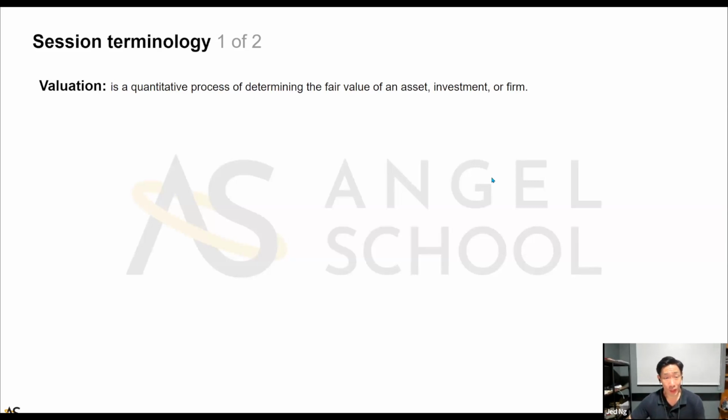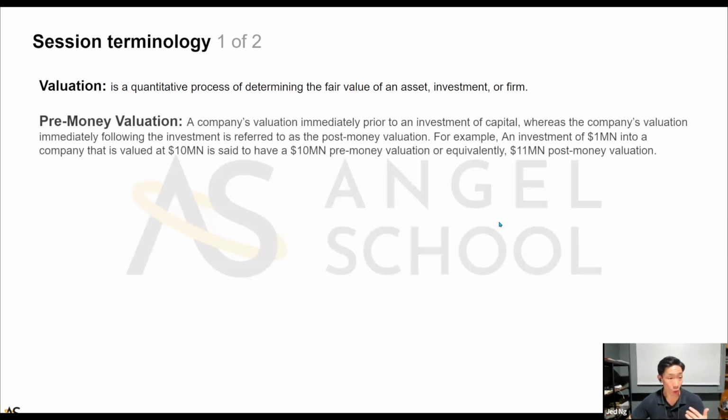Now, when we talk about valuation, you have to distinguish between pre-money valuation and post-money valuation. Okay, so pre-money valuation, as the name might suggest, is very simply what is a company's valuation just before they receive a cash investment. So if a company has a valuation of $10 million today, they have a $10 million pre-money valuation before they receive new capital.